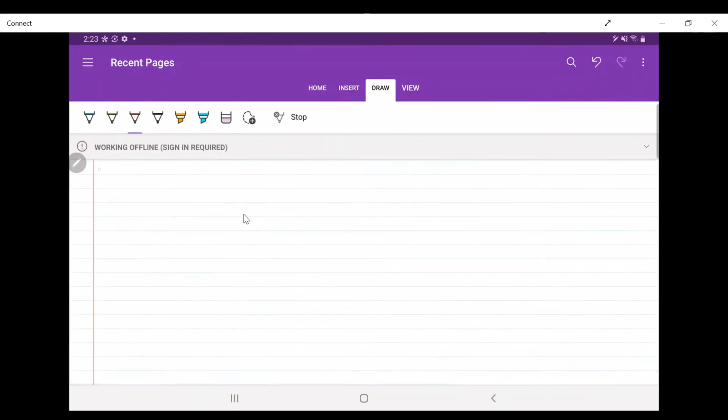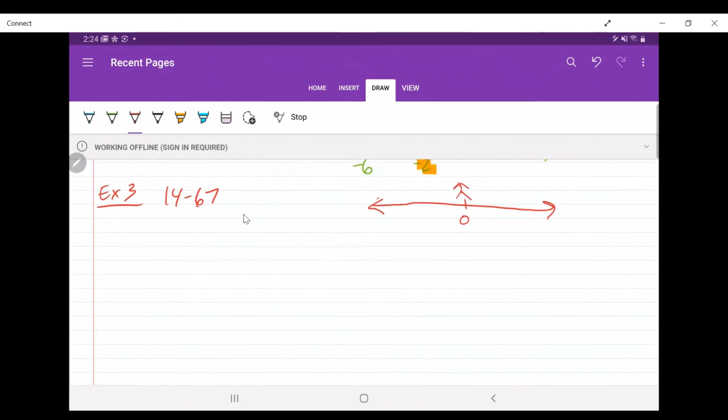Example 3. 14 minus 67. So we start at 0, facing to the right. And we need to walk 14 steps forward.